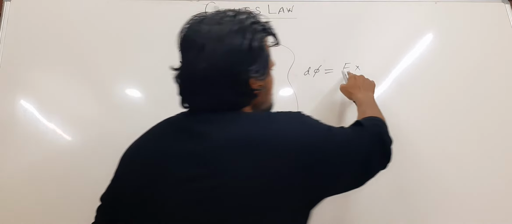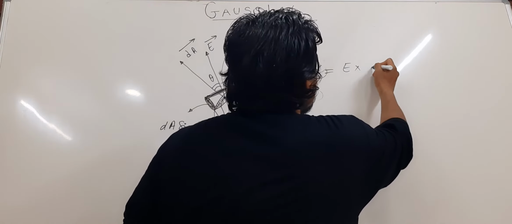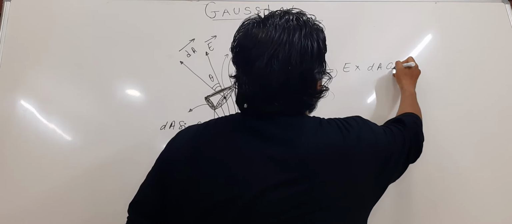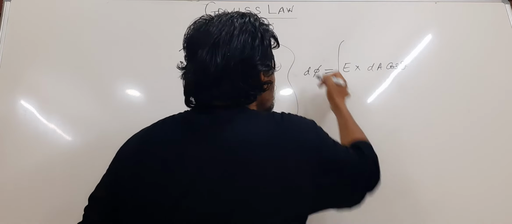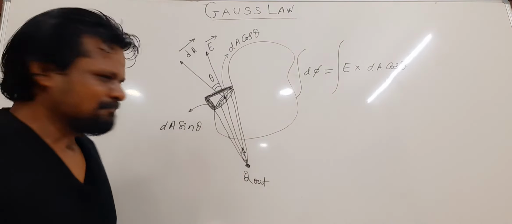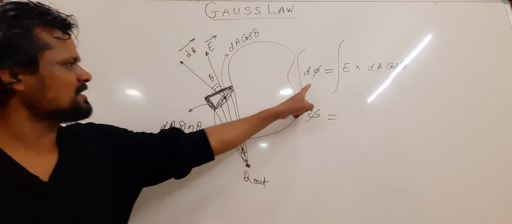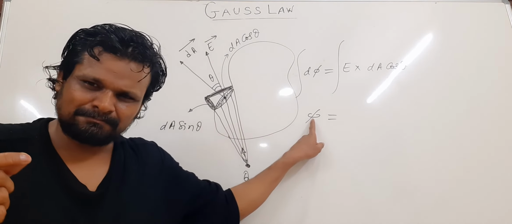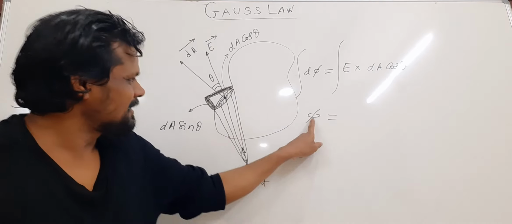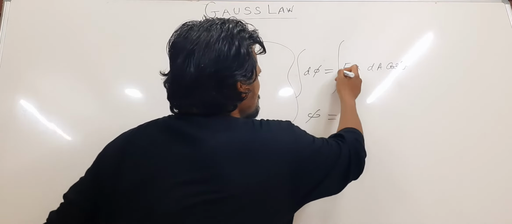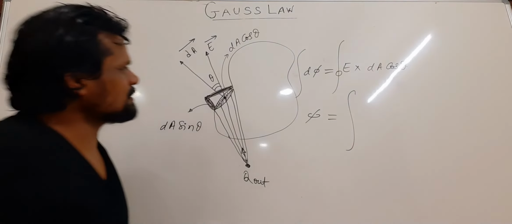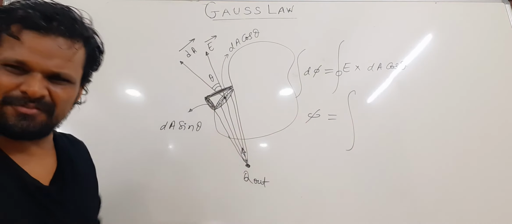So take the intensity and multiply it by dA cos theta. Now please integrate. Suppose the left side comes phi, the total flux. What is the total flux throughout the closed surface?